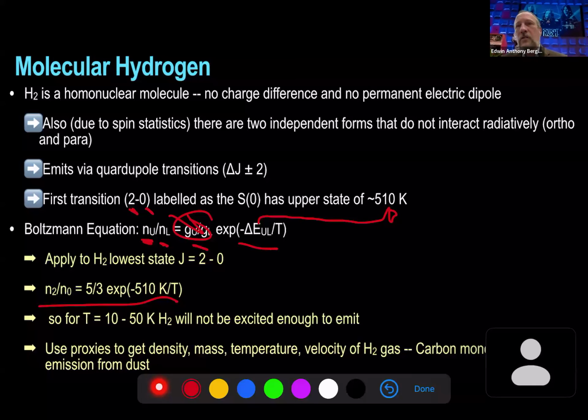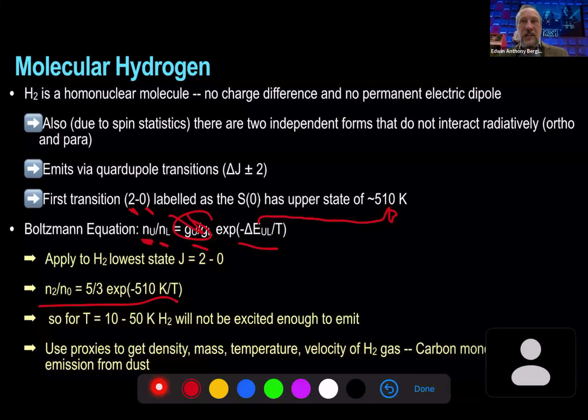There's very little hydrogen in an excited state to emit and for us to detect it. So even though these are molecular clouds that are hydrogen molecular clouds, I can't see the hydrogen.